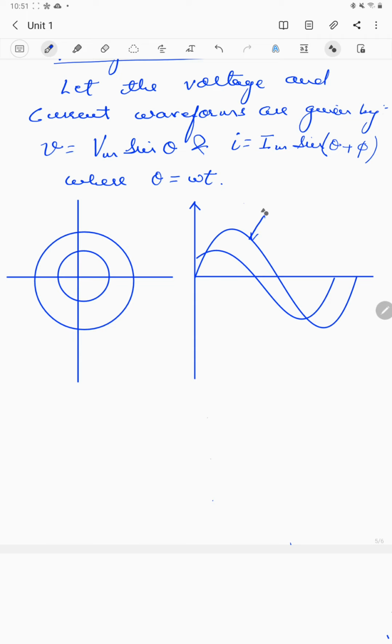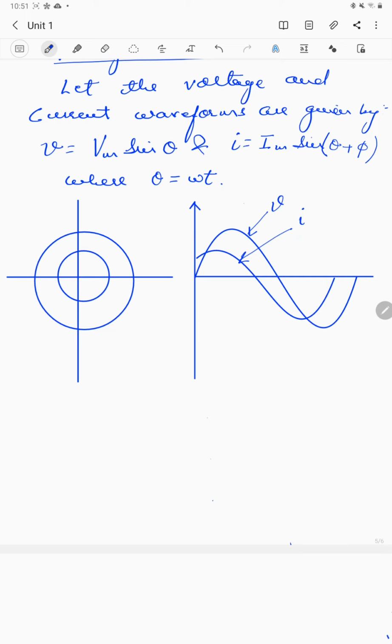So this is your voltage waveform. This is Vm, and this is I. These are the voltage and current waveforms.